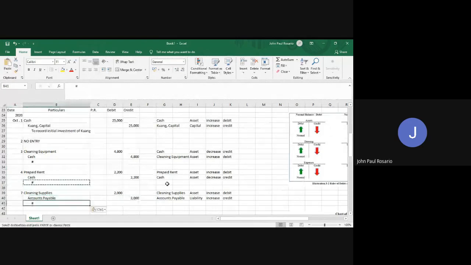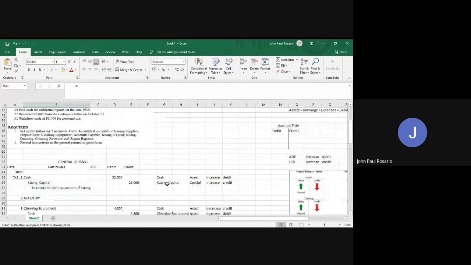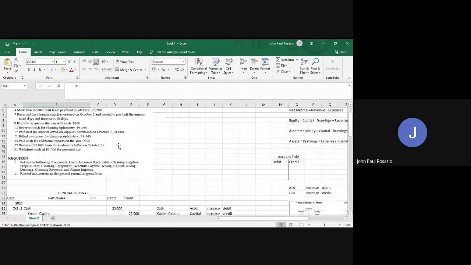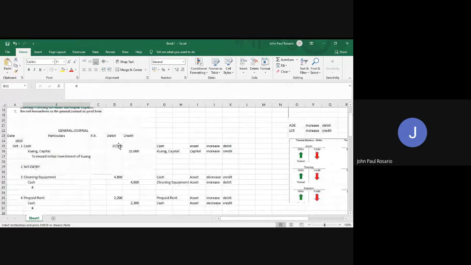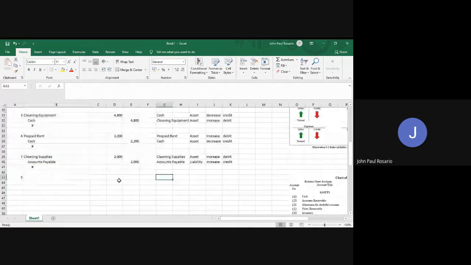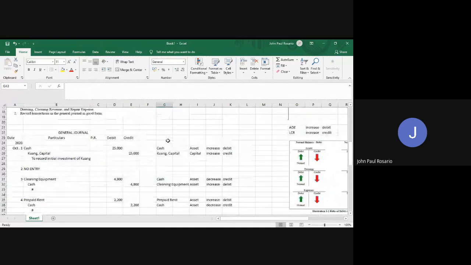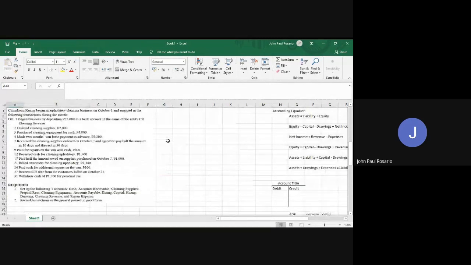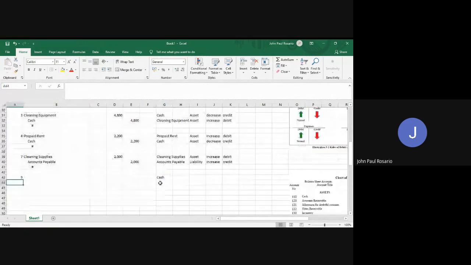Next. Paid for repairs on the van with cash, 800 pesos. Okay, so that's number 9. He paid with cash, so cash is affected. What did he pay for? Repairs. So we have repairs and maintenance expense, or repairs expense.